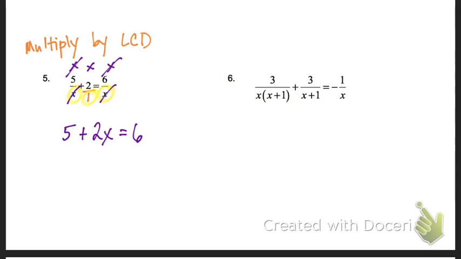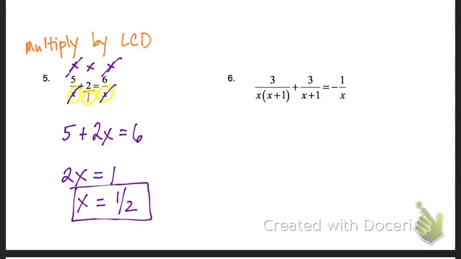Then I solve, so 2x equals 1, x equals 1/2. Then I go back and check, make sure that my denominator does not equal 0. When I plug in 1/2, it does not, so I keep x equals 1/2.